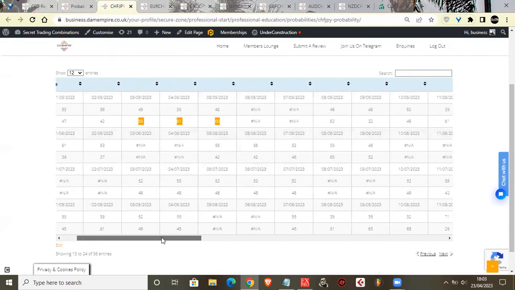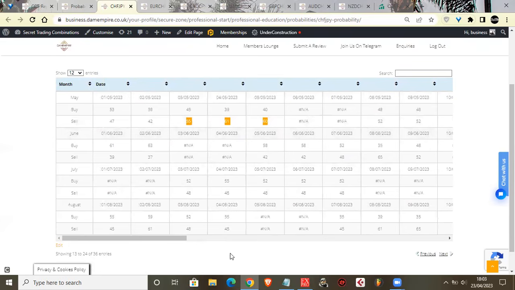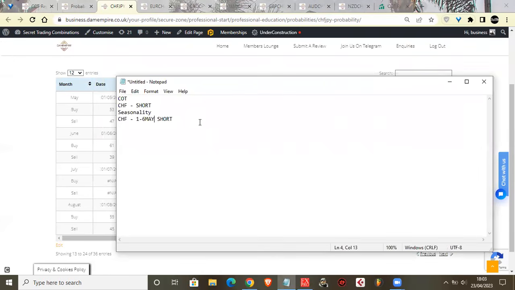And it looks like 3 days after that, short. Now, the way I trade probabilities, I need 3 days to go in the direction that I want. If I have 3 days going in the direction that I want, then I take that trade. So what I'll do is I'll mark out this asset, CHF.